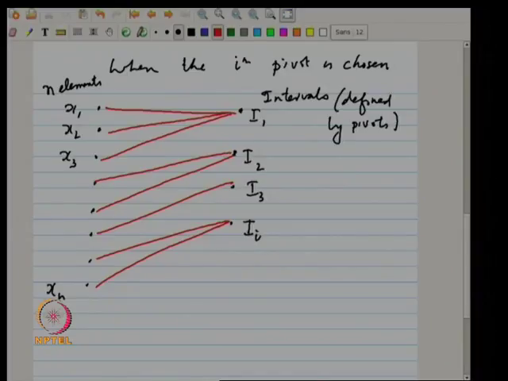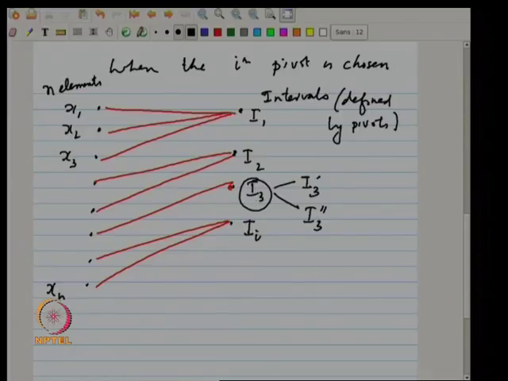One of these intervals splits. Maybe this interval splits. So I3 is now I3 prime and I3 double prime. This interval disappears. So this graph gets modified when we choose the ith pivot.